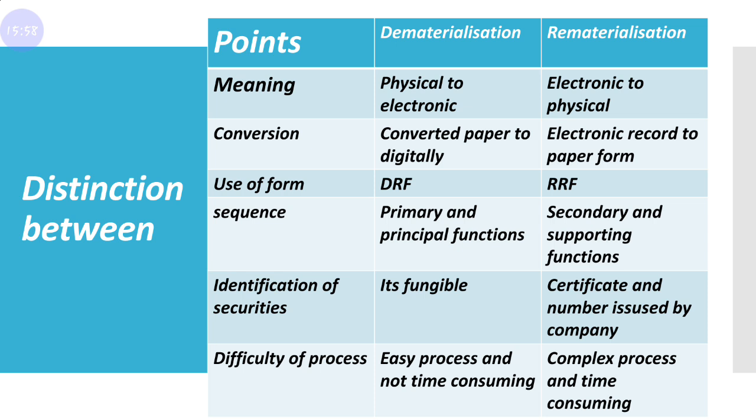On the other hand side, certificates are there in the hand. You have in that particular certificate all the details mentioned, that is the distinctive numbers from where to where, how many shares are there, what is the value of the share, what will be the dividend, everything is mentioned in the share certificate itself.